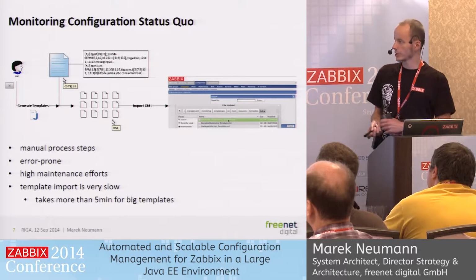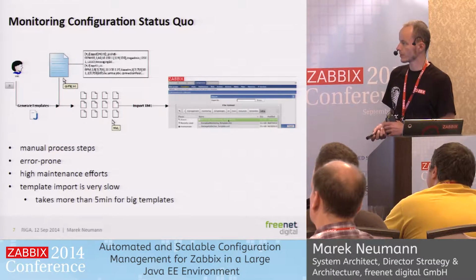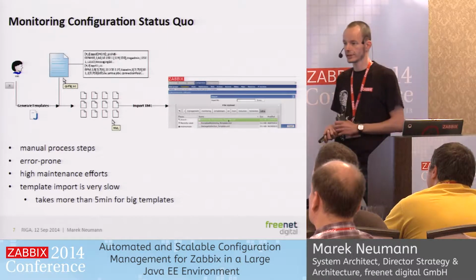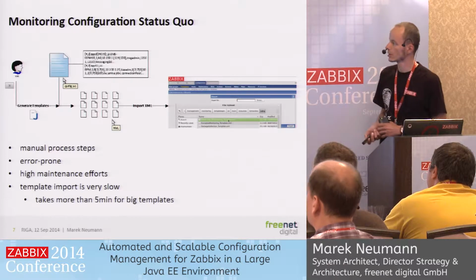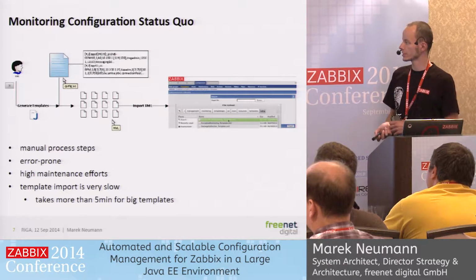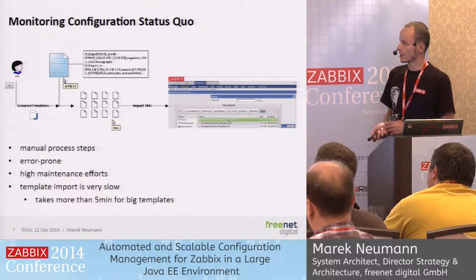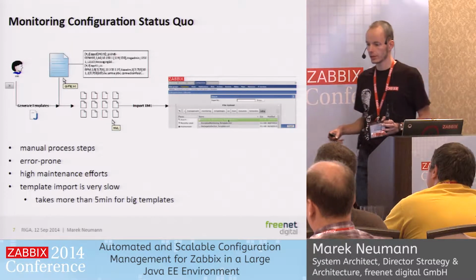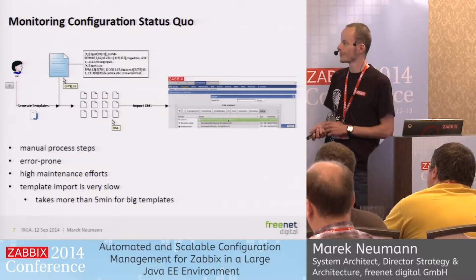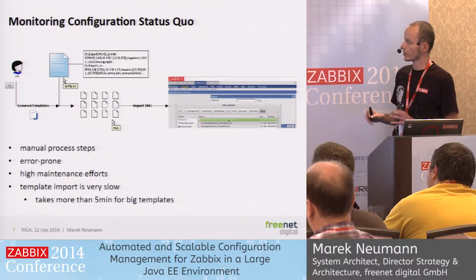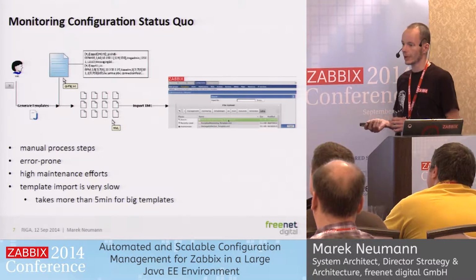How do we currently configure our Zabbix system? We are using Zabbix templates. Quite easy. We are importing these templates into Zabbix. And this is really a manual process now. These templates are a little bit, I would say, dynamic.